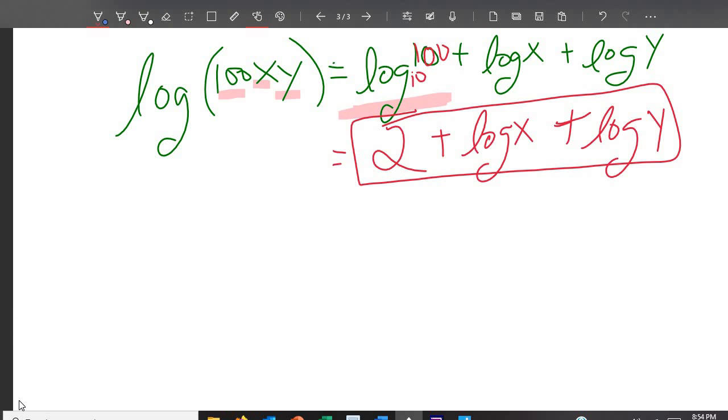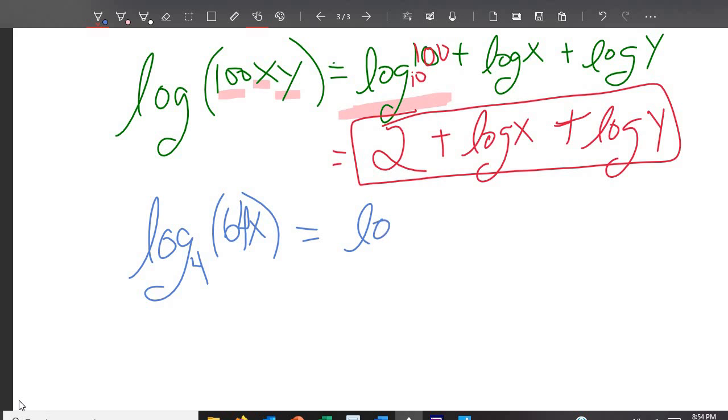Now let's do another one. Let's do log base 4 of 64x. It's multiplication, so we split it apart. Log base 4 of 64 plus log base 4 of x.